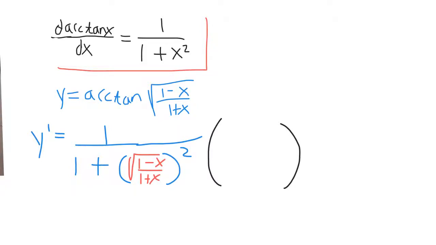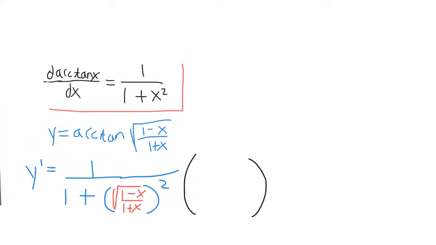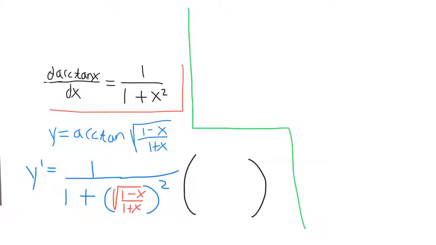So the question is, what is the derivative of this debacle? Well, that is absolutely a perfect time to set aside this original problem and go off to the side and treat this like a separate issue.